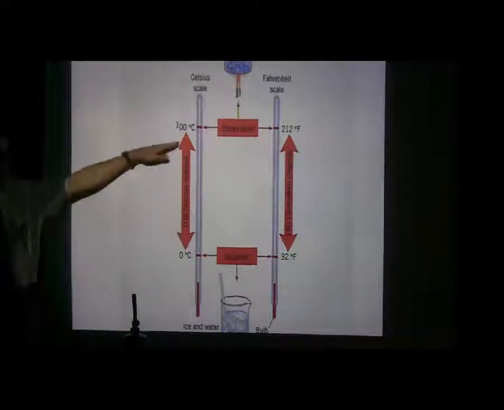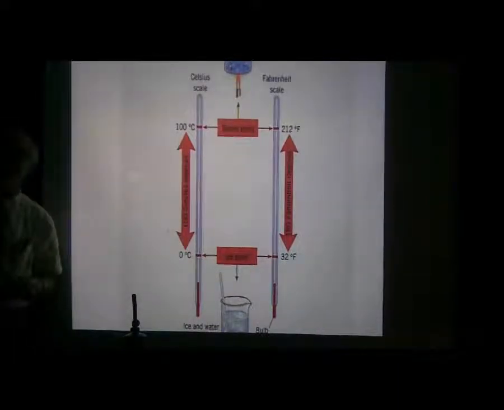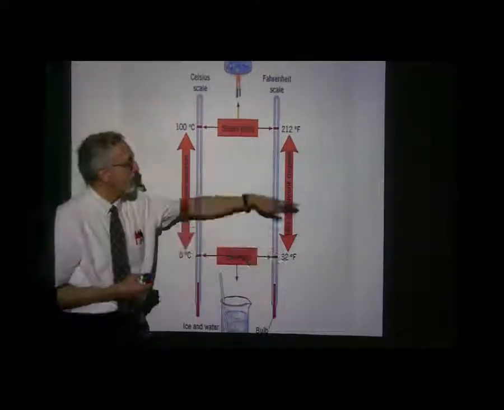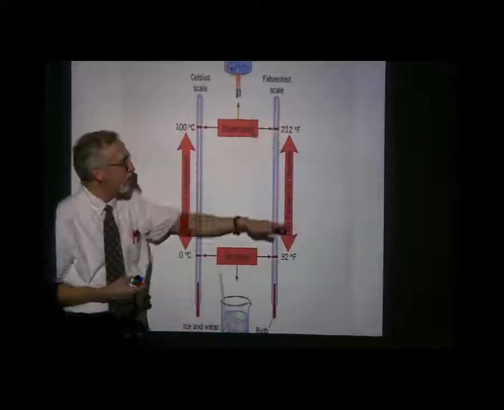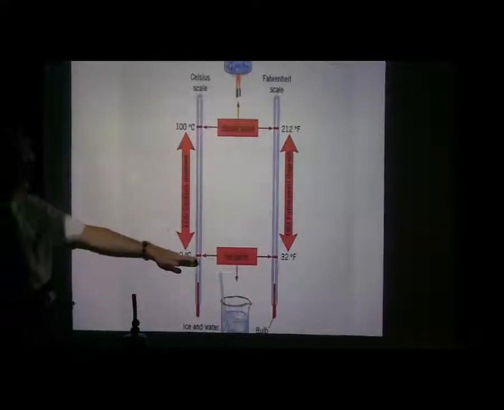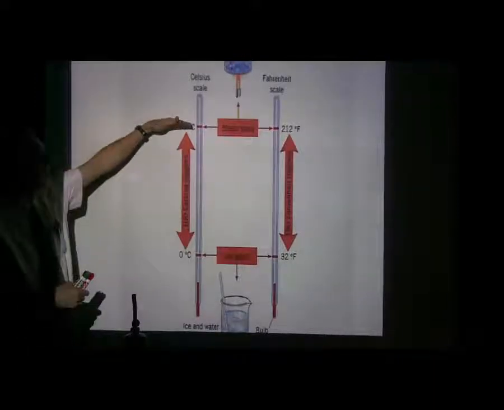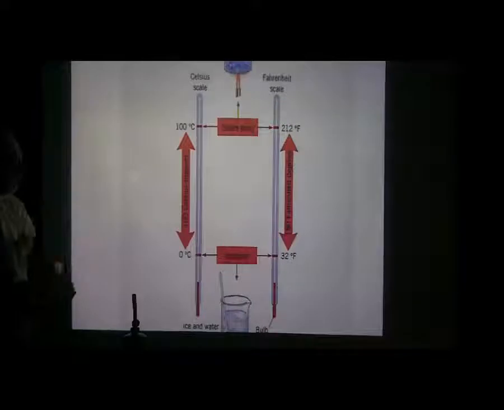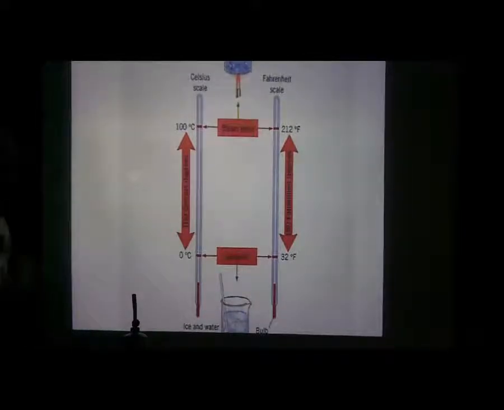The metric, or the Celsius or centigrade temperature scale, is the one that we will typically be using, and is defined according to these same temperatures of the freezing point and the boiling point of water, but they are defined as 0 degrees centigrade and 100 degrees centigrade. So those are two different temperature scales.